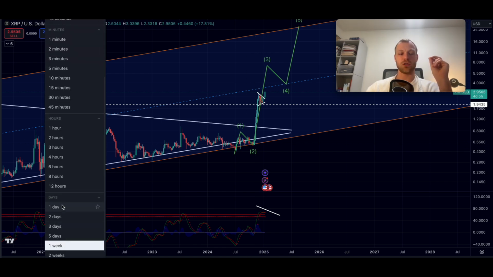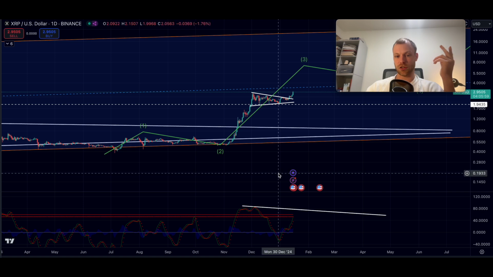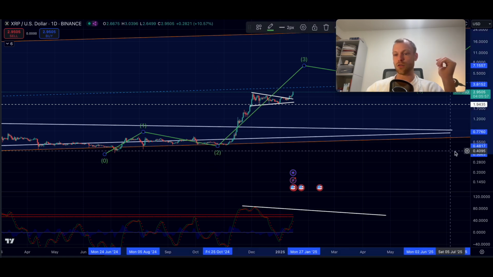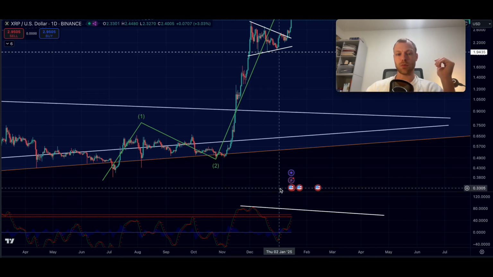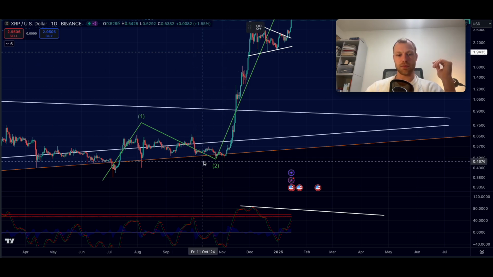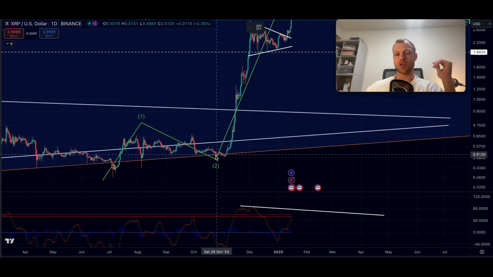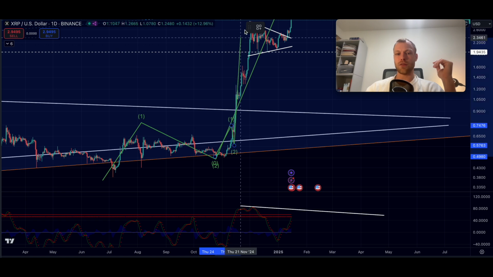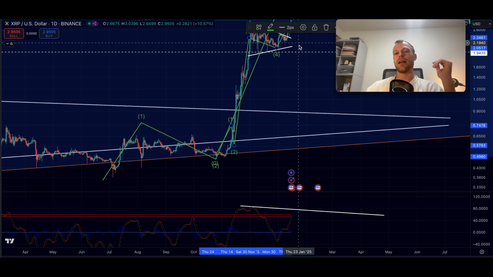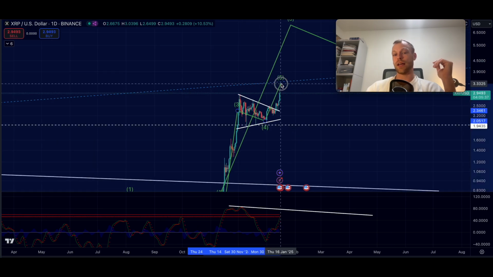So if we were to go to the daily time frame, and we are doing this a little bit out of our head right now, this is a bit spontaneous, but if we were to look, for example, right here, this could be a first wave. This is actually very small. Maybe it could be something like this, where we have the third wave there, fourth wave there, and then we are right now in that fifth wave.